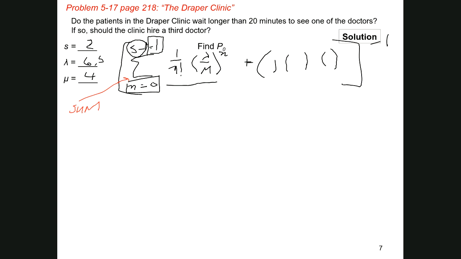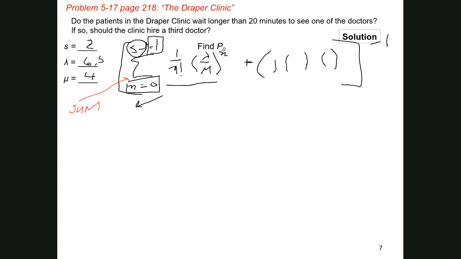If we had 3 servers, there would be 3 terms, because we would start at 0 and count up to 2, so there would be a term for n equals 0, n equals 1, and n equals 2. But for this case, there's only 2 terms. The first term is the case where n equals 0.